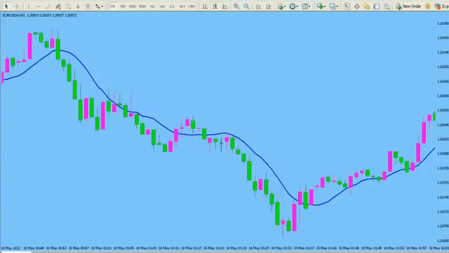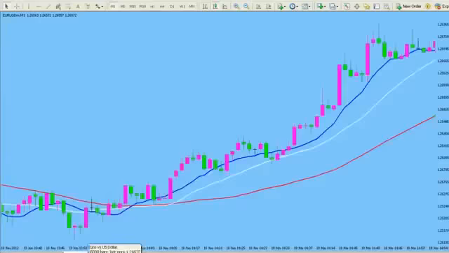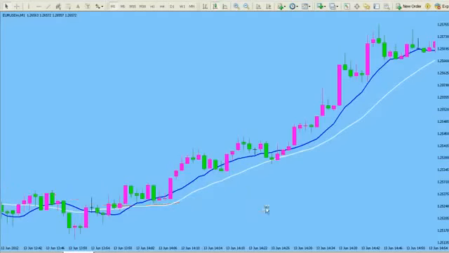Let's take a look at this in a more bullish manner, and you can see that price is moving in a bullish fashion, and you can see the steps in a lot of these if you're paying attention.